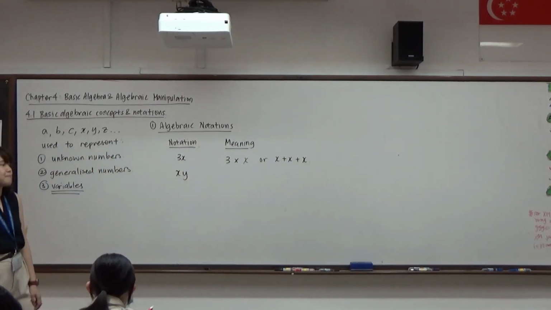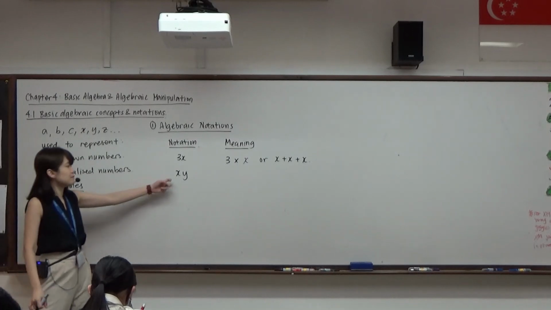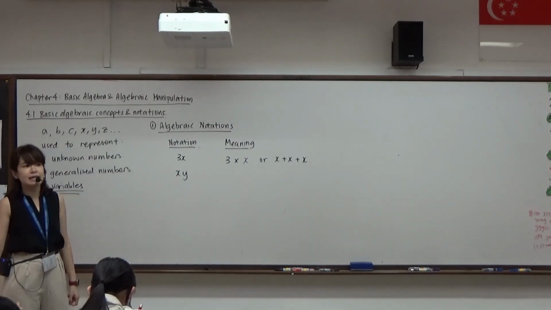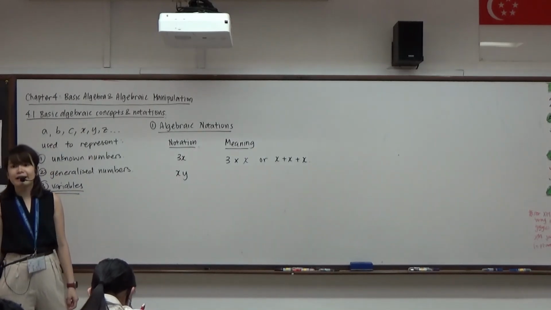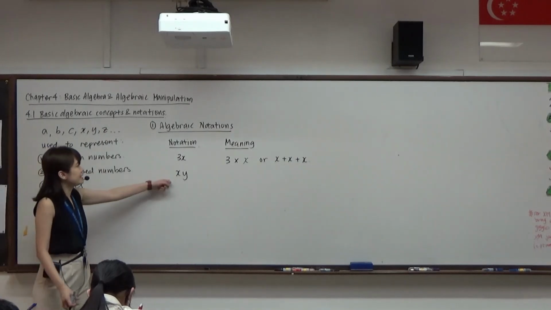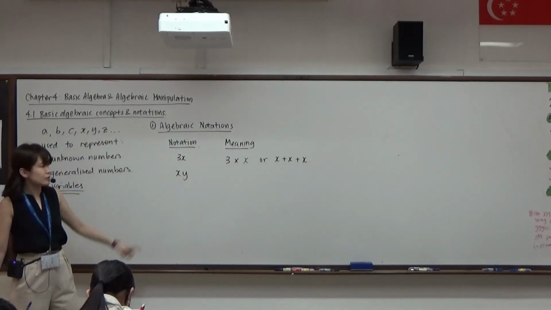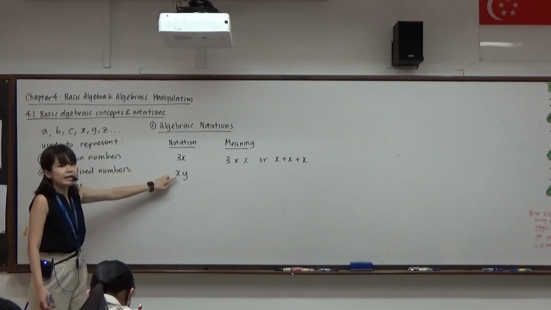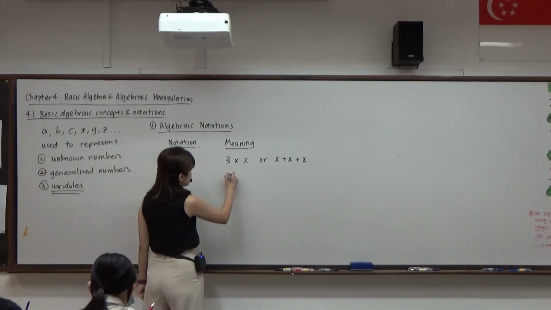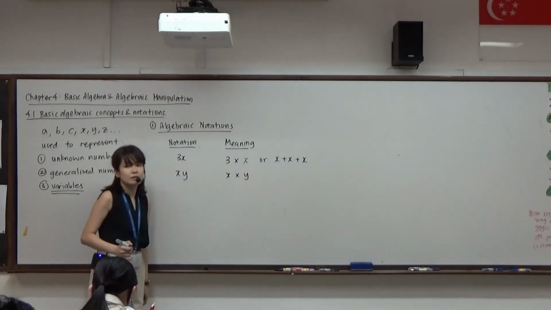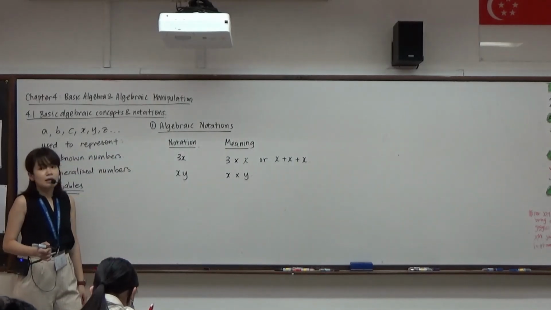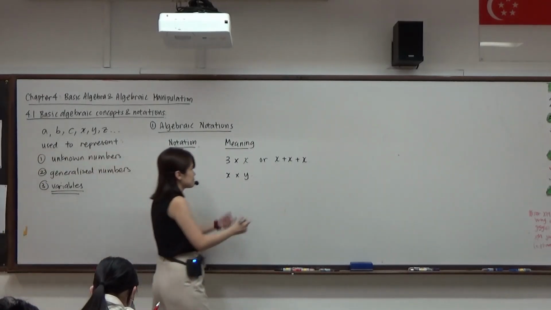Sometimes there may not be numbers involved. There may be 2 letters sitting side by side to each other. For example, xy. By the same logic to my representation earlier, xy will have to mean x times y.